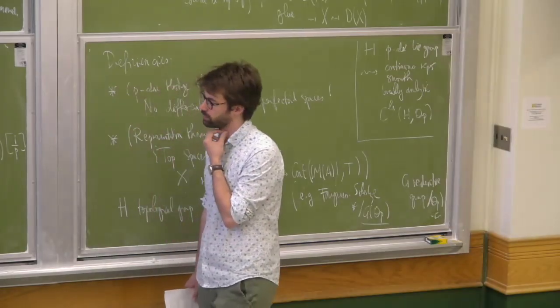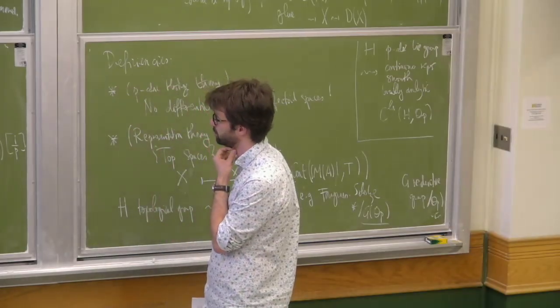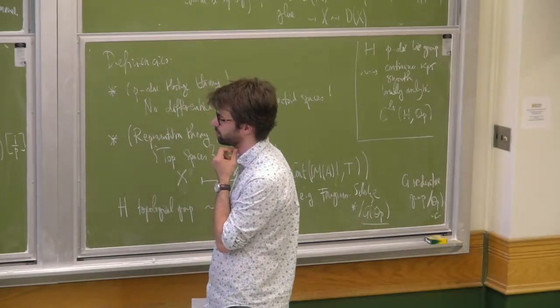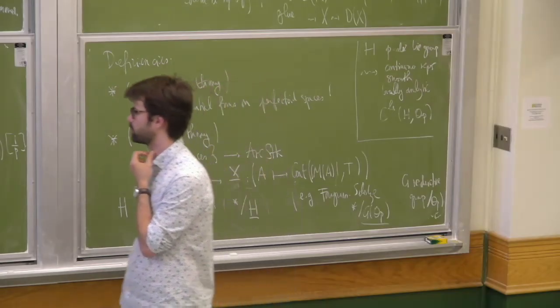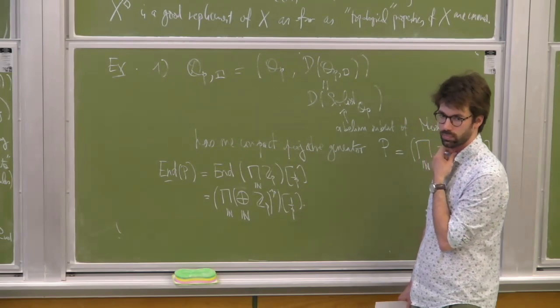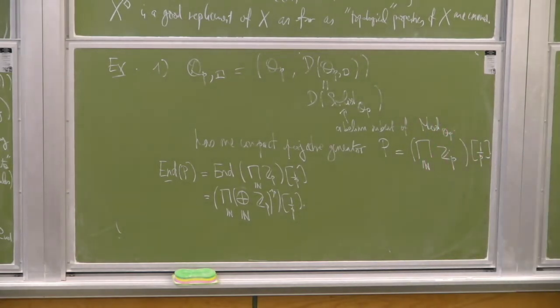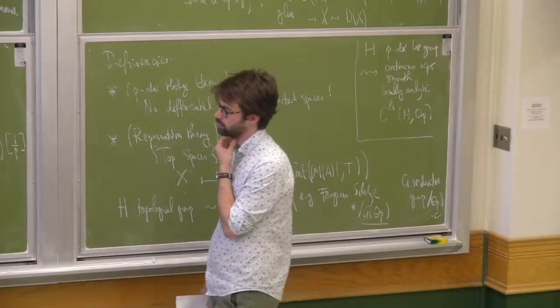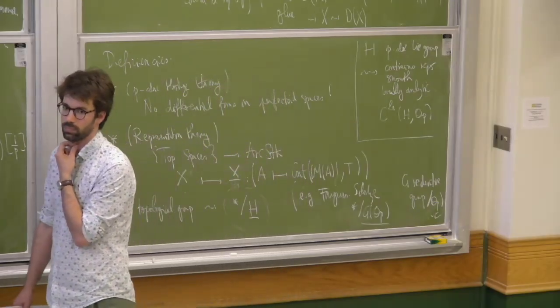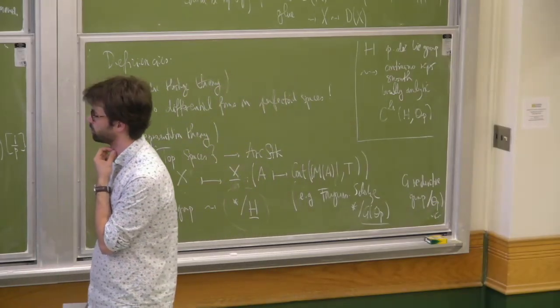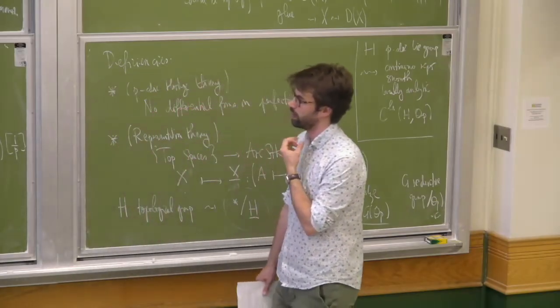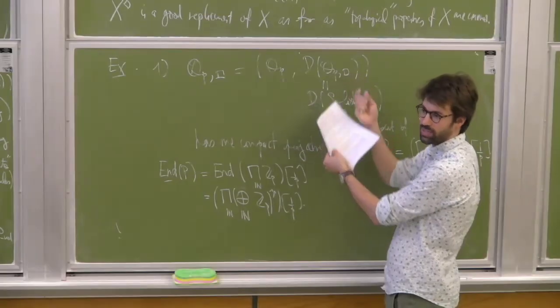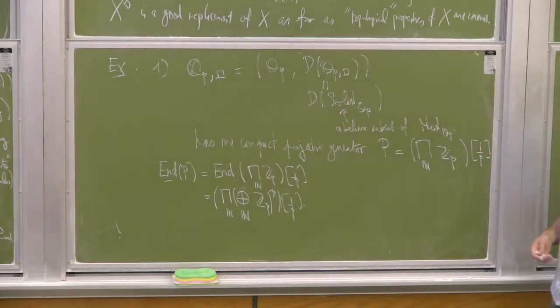So you consider P more or less naively as a topological module, you consider its endomorphism ring, and then the whole category is the category of modules over it. That's maybe not how the definition proceeds, but it's a true fact.